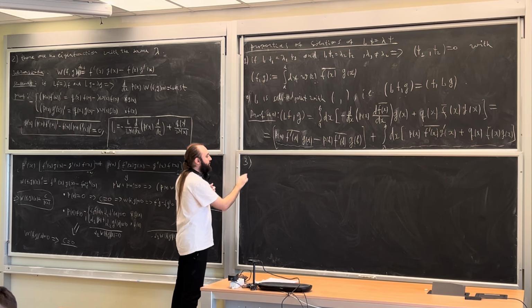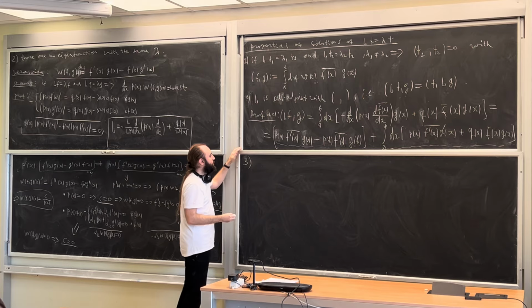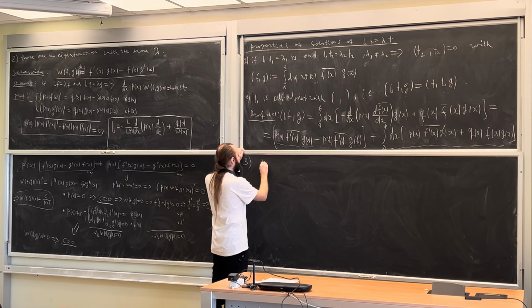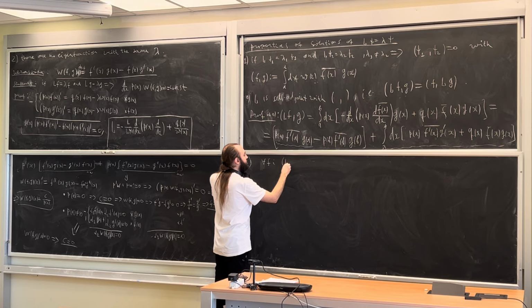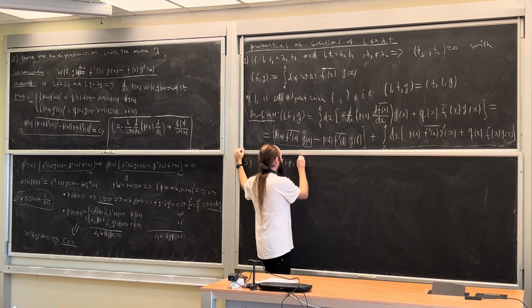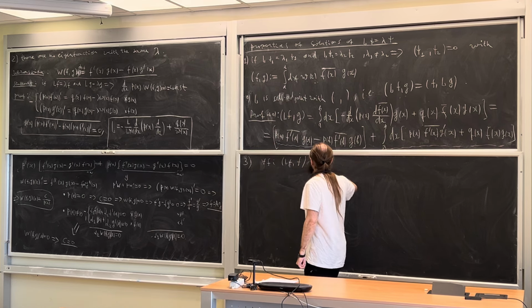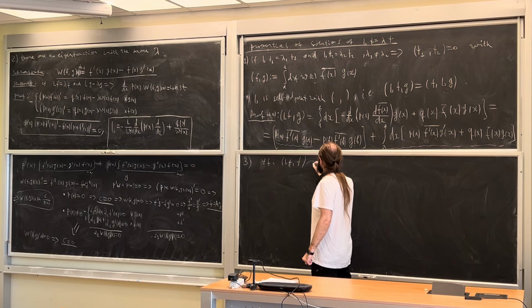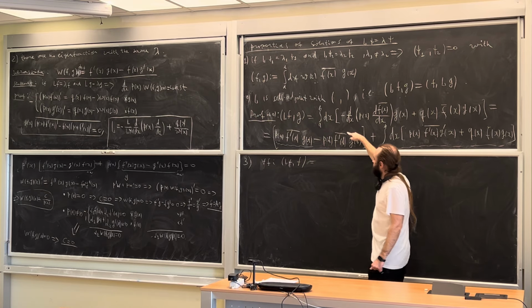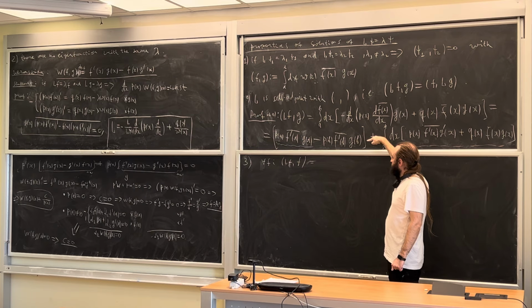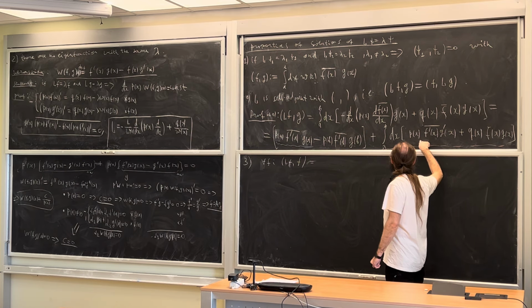So, a property for any f: this operator will be positively defined. And to do this, we simply take the previous computation and substitute f equals g.